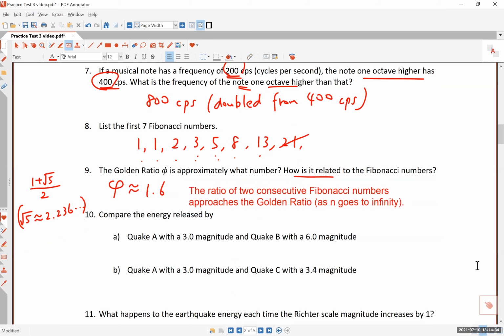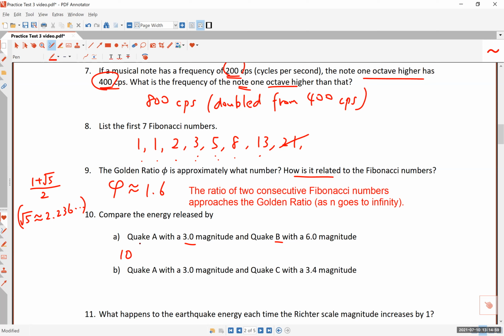All right, number 10. Compare the levels of energy released by Quake A, 3.0, and Quake B, 6.0. Well, B is double A, right? No, if you say B has twice as much power as A, you probably will not get any credit. Remember what you have to do.